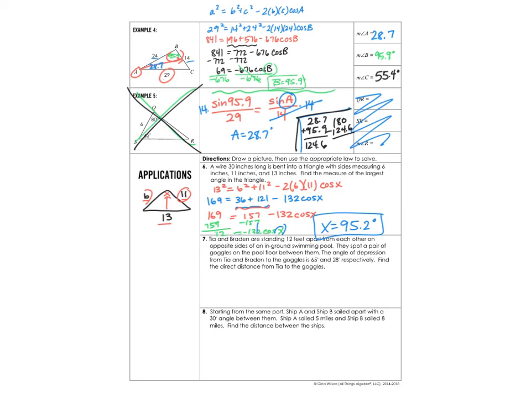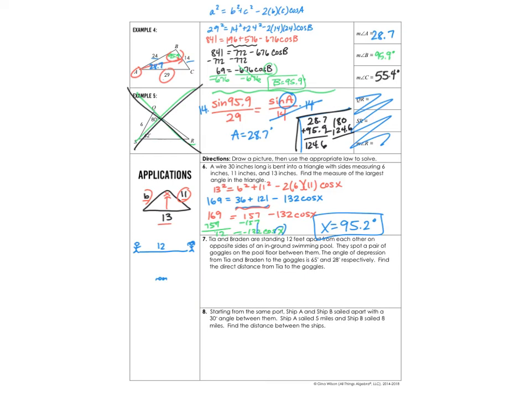Okay, so let's look. They're standing here. Here's Braden. Here's Tia. Okay, they're 12 feet apart. They spot goggles at the bottom of the pool. Here's their goggles.